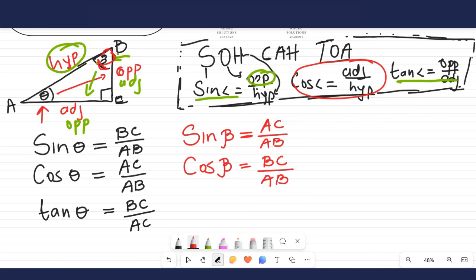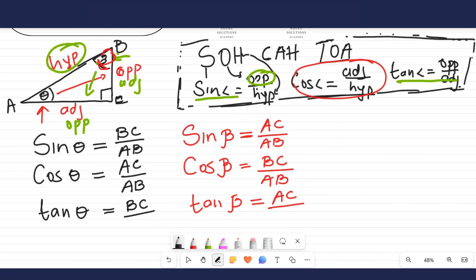Do the same thing for beta. The opposite side is AC over the adjacent side.